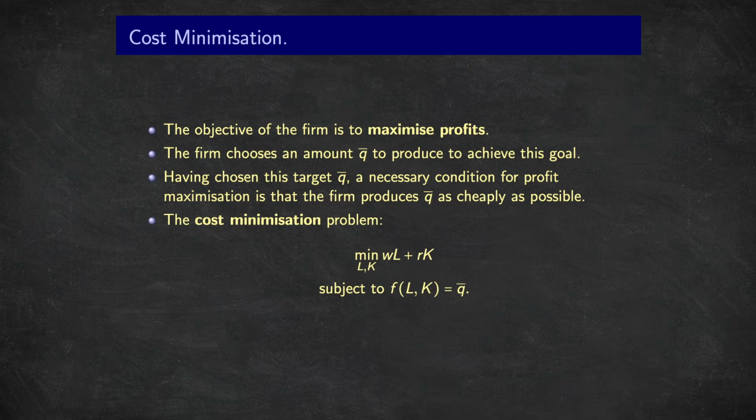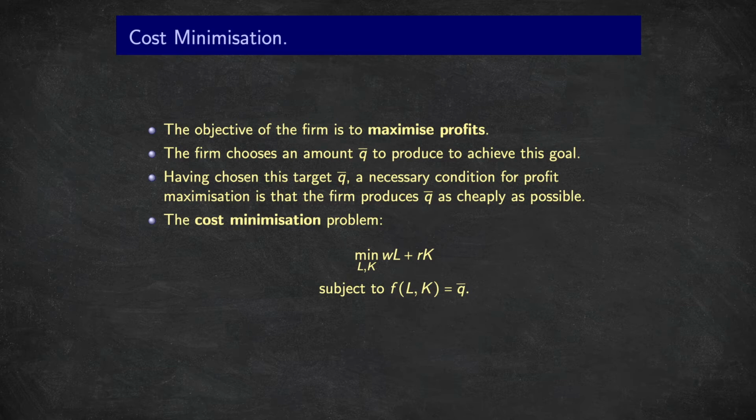In fact, it's a necessary condition for profit maximization that the firm minimizes the cost of its production. Now, when we say minimizing the cost of production, this has a specific meaning. Clearly, just employing 0 units of labor and 0 units of capital incurs the minimum cost. That would just cost 0. However, that's not what we mean by the cost minimization problem.